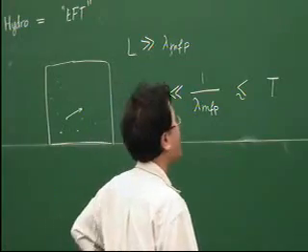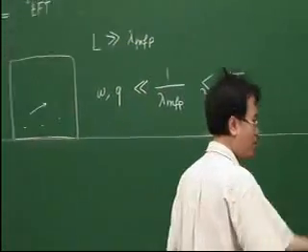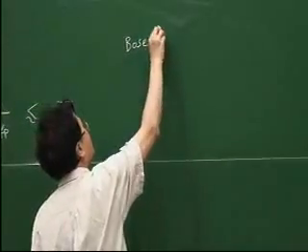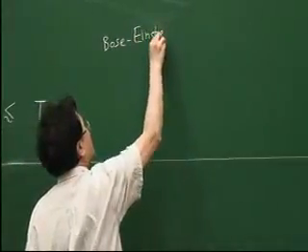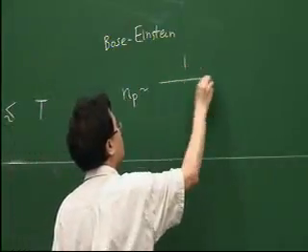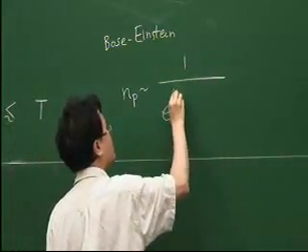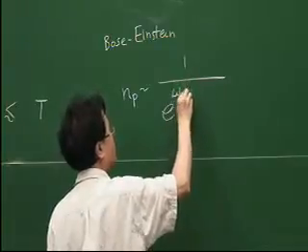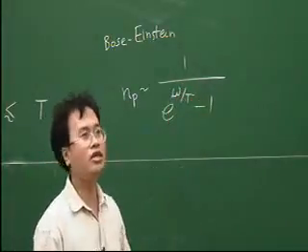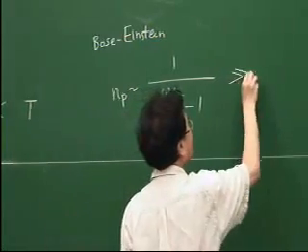One consequence of that is that if you look at the Bose-Einstein formula that everybody knows, the occupation number of a mode is 1 over e to the omega over T minus 1. When omega is much less than T, the occupation number is much bigger than 1.